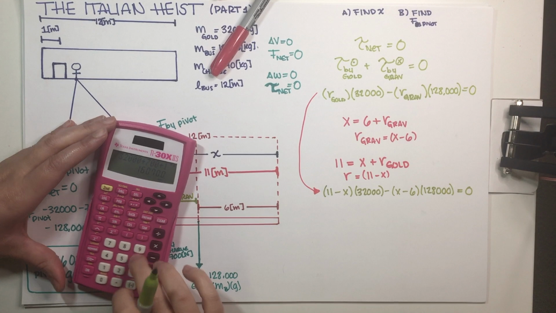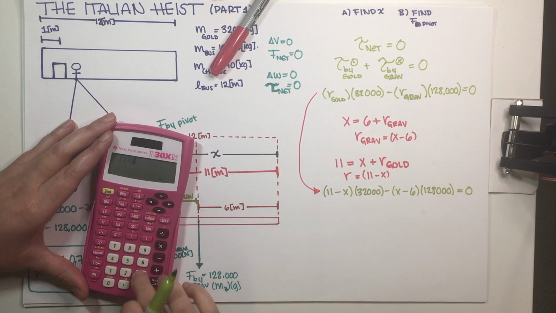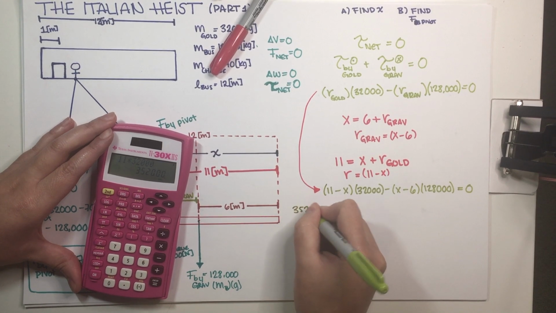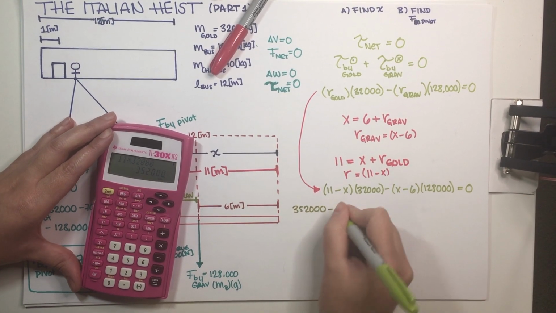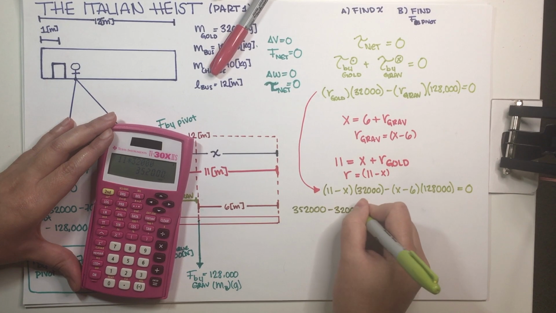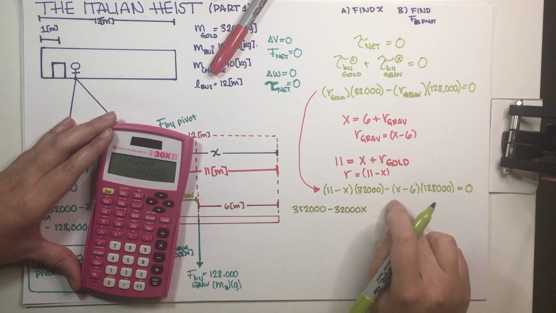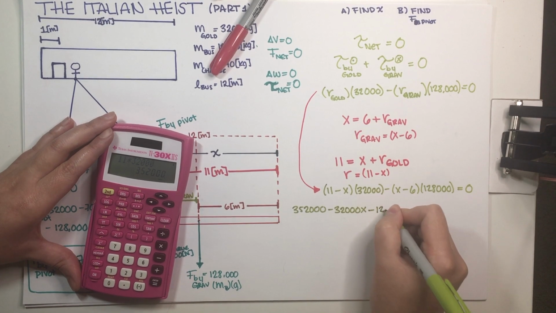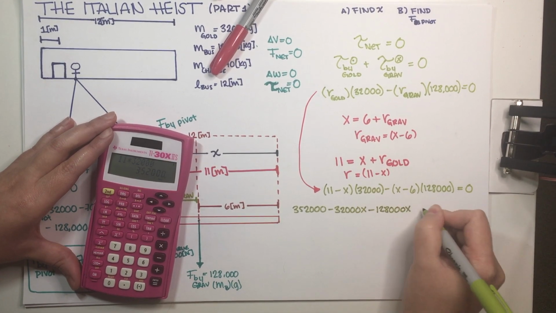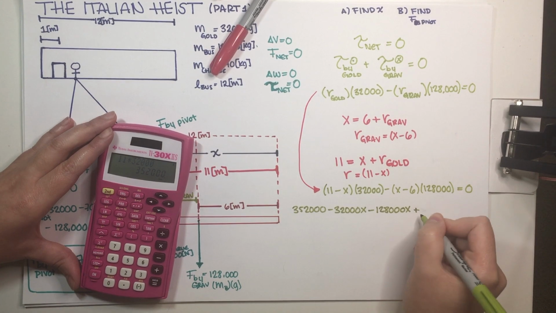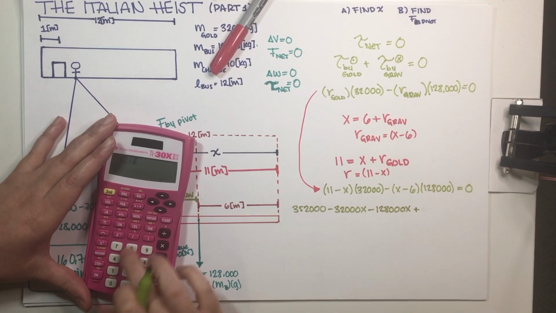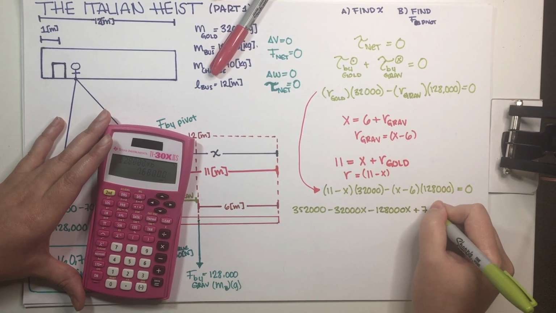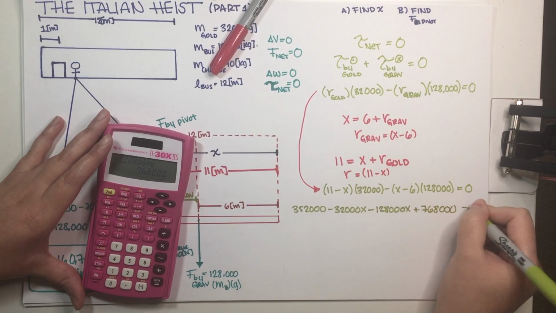Okay, let's see. So 11 times 32000, that is 352,000 minus 32000 x, and then this is minus 128,000 x, and this is minus minus plus 128,000 times 6, which is equal to 768,000, has to be equal to 0.